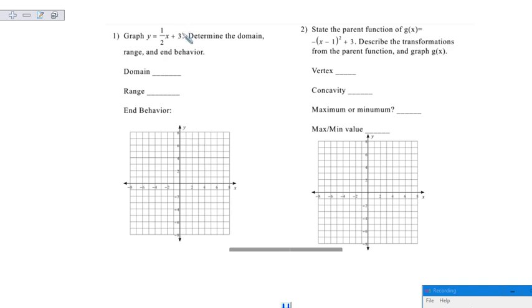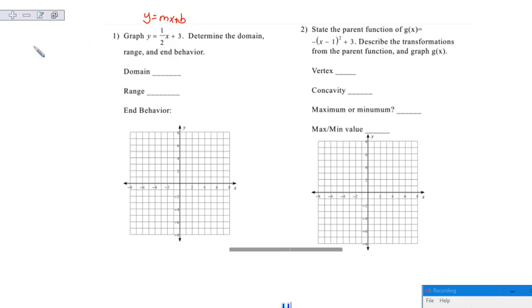it. Right here we have a linear equation. Linear equations are of the form y equals mx plus b, where b is our y-intercept, so our y-intercept is 3, and m is our slope, so our slope is 1/2, a rise of 1 and a run of 2. So you can graph it based upon this information.